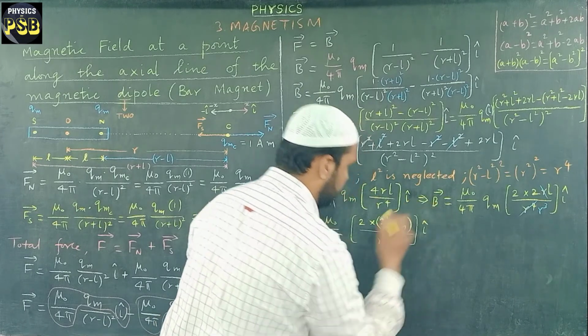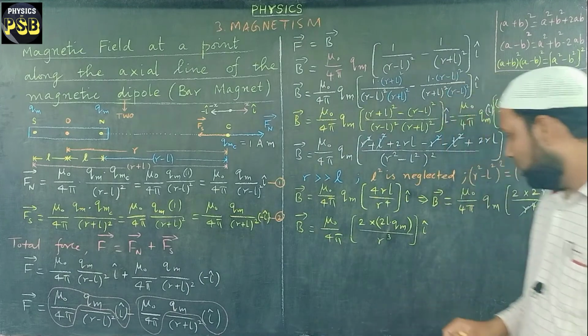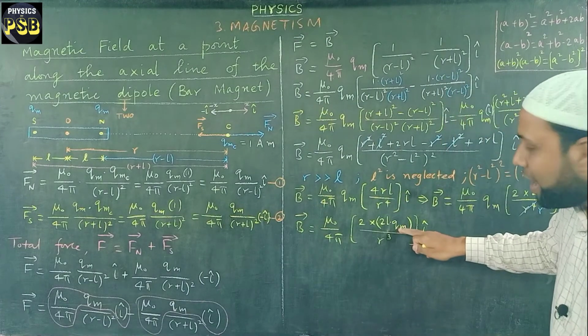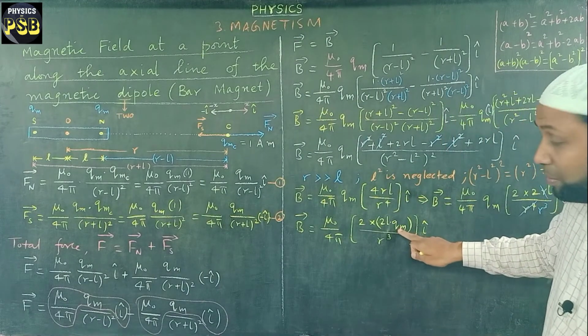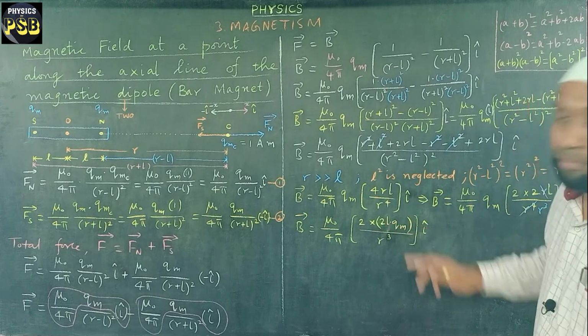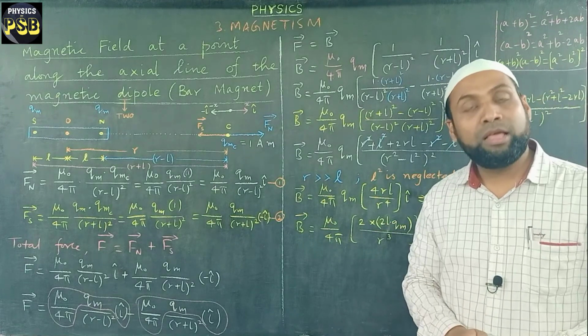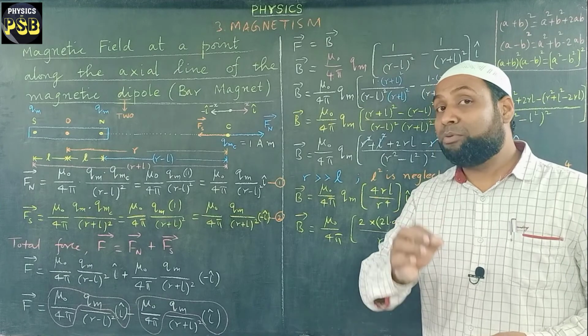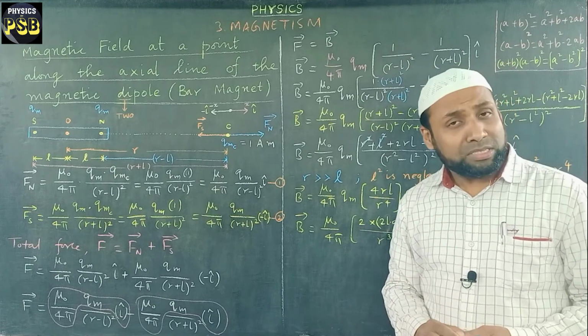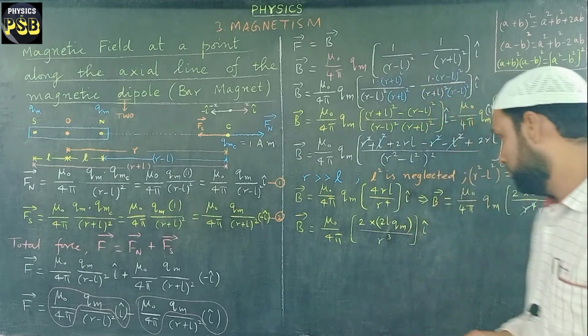This i cap. Now we know that when the magnetic pole strength is multiplied with the length of the magnet, we get the magnetic dipole moment, which is represented by the letter PM.